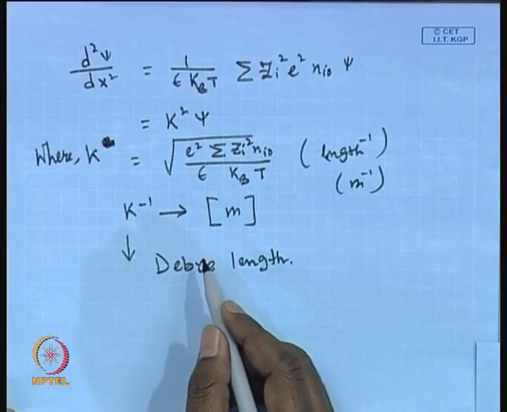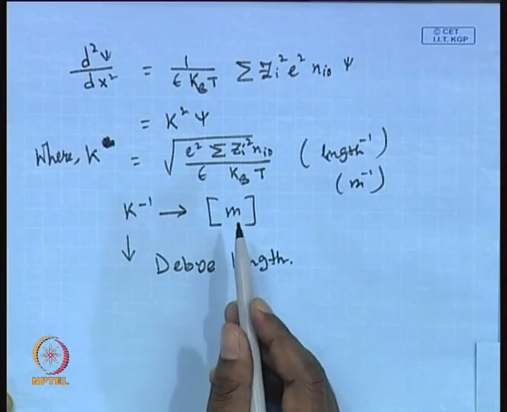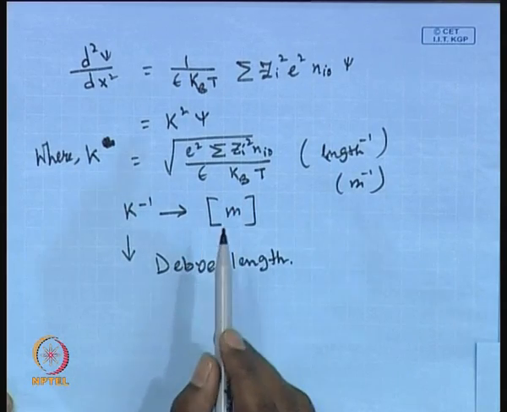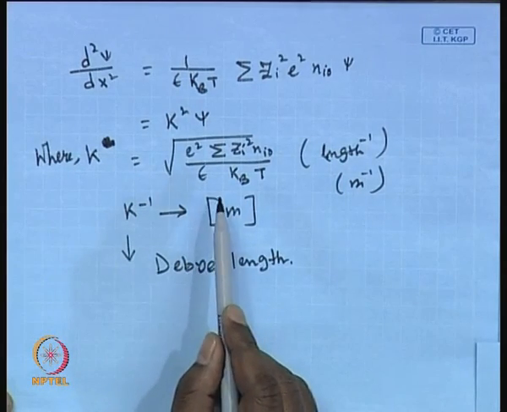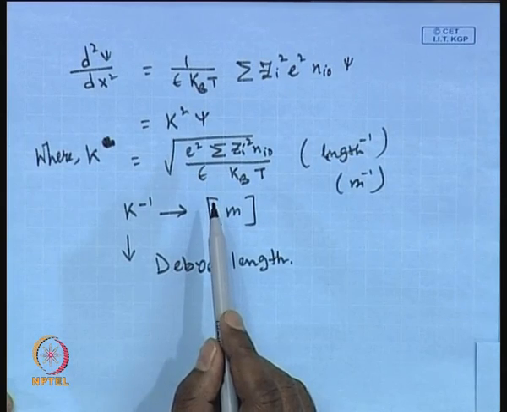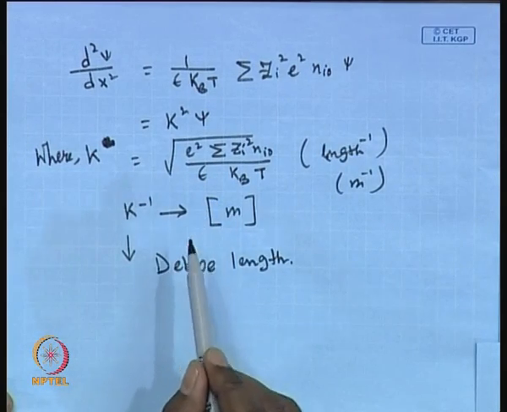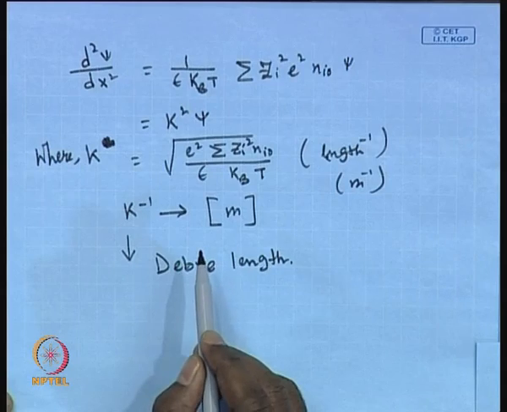So, on which factors will the Debye length depend? It is entirely a characteristic of the electrolytic solution: electrolyte concentration, nature of the electrolyte and the solution environment.